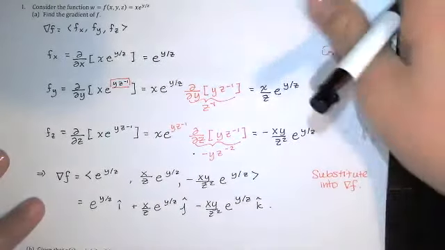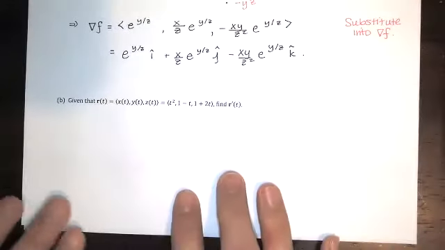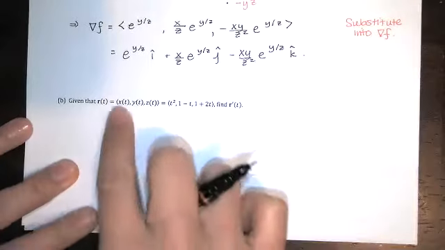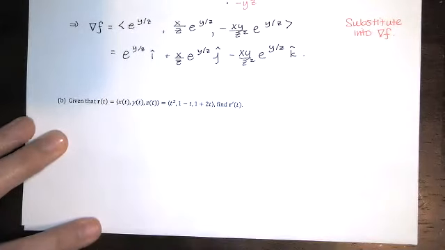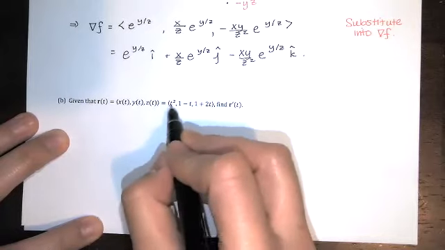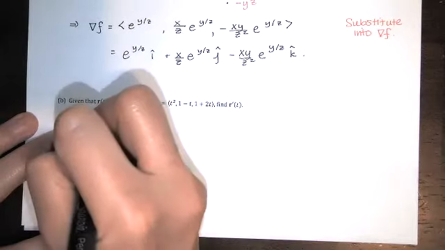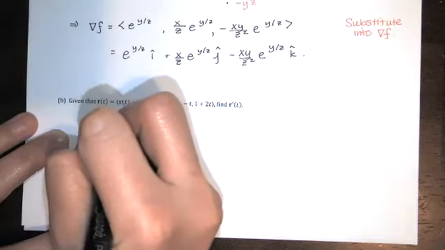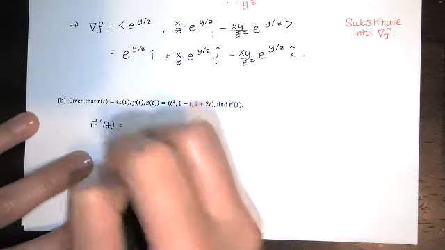And then we substitute those into the form of the vector. Okay. Now the next part asks us to find r prime of t given a vector valued function r of t. Now it has components x of t, y of t, and z of t. Remember how we take the derivative of a vector valued function?